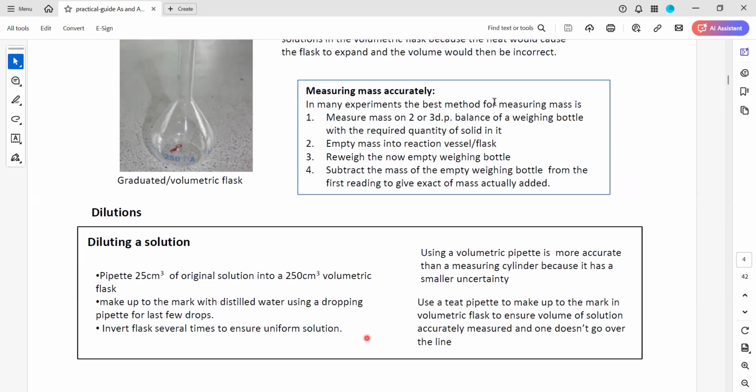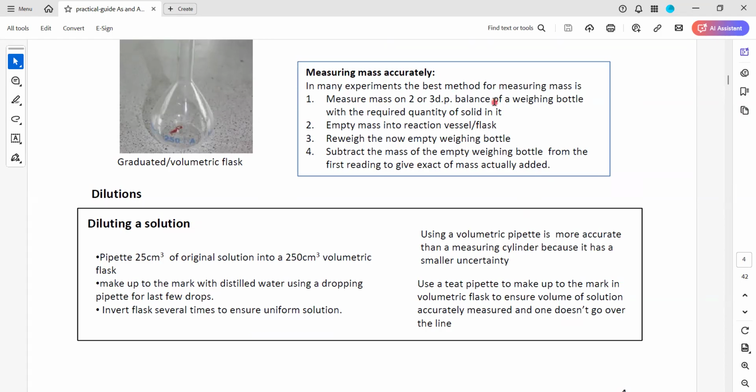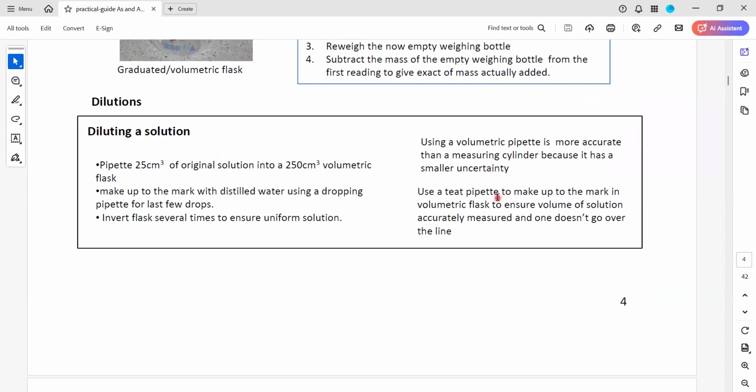We can also use this method for diluting a solution. What is the purpose of diluting a solution?